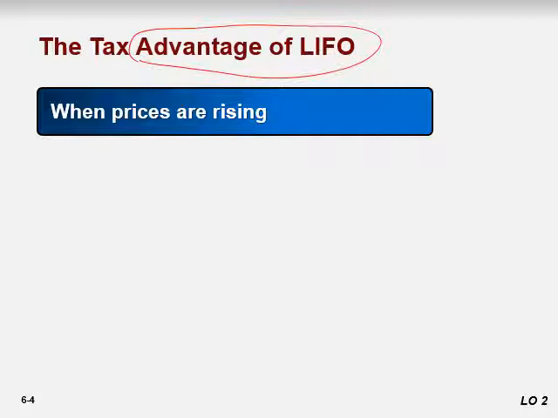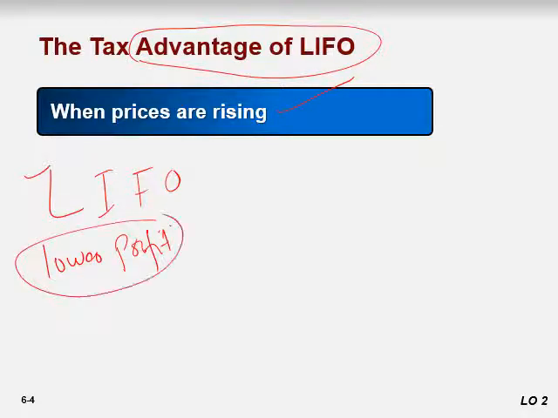The tax advantage of LIFO, and that is very important. When prices are rising, which is a normal scenario, I'm going to just give you a tip. Write down LIFO. Star. LIFO means lower profit. And when you find out lower profit, you can develop the logic: if profit is lower, tax is lower, right?